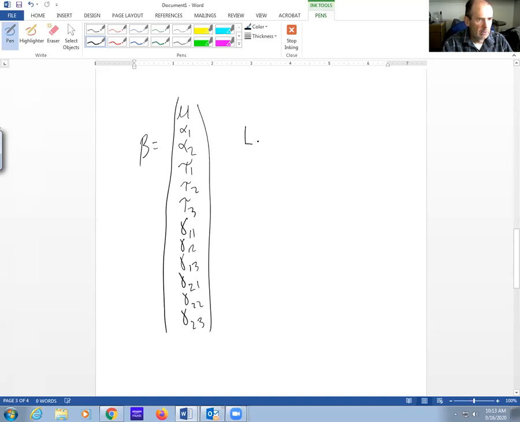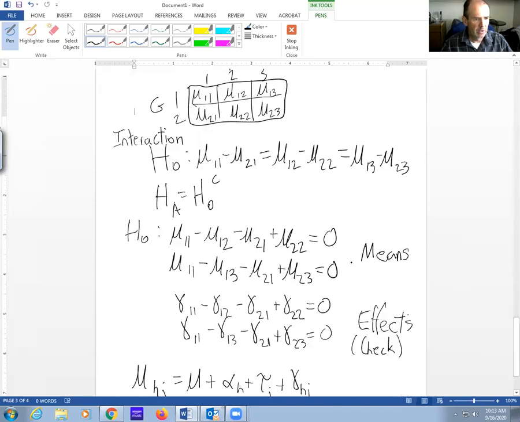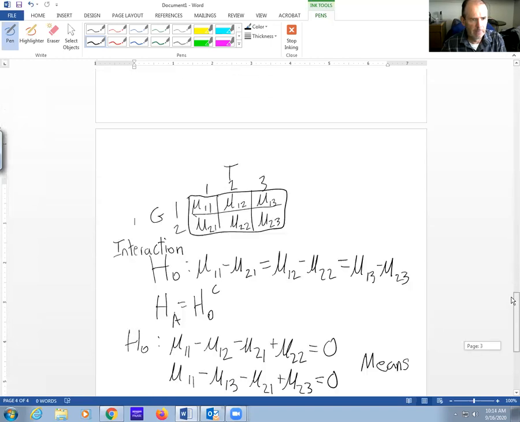So the first L is going to correspond to this first row. So we just have to get the coefficients for that, right?